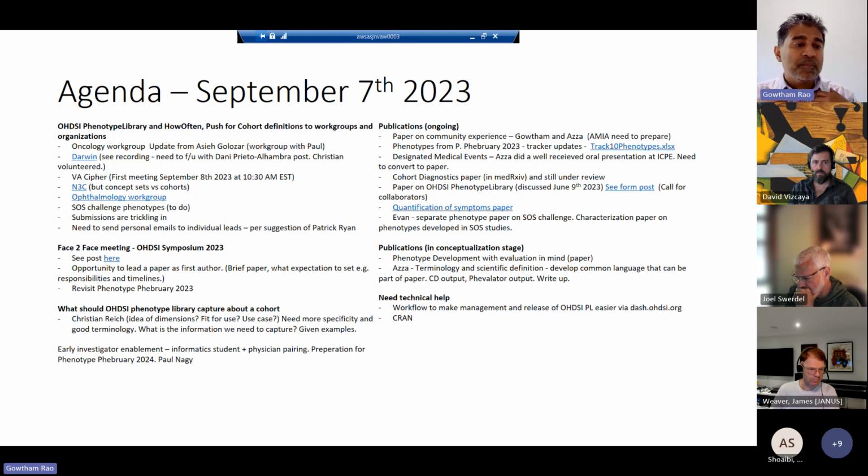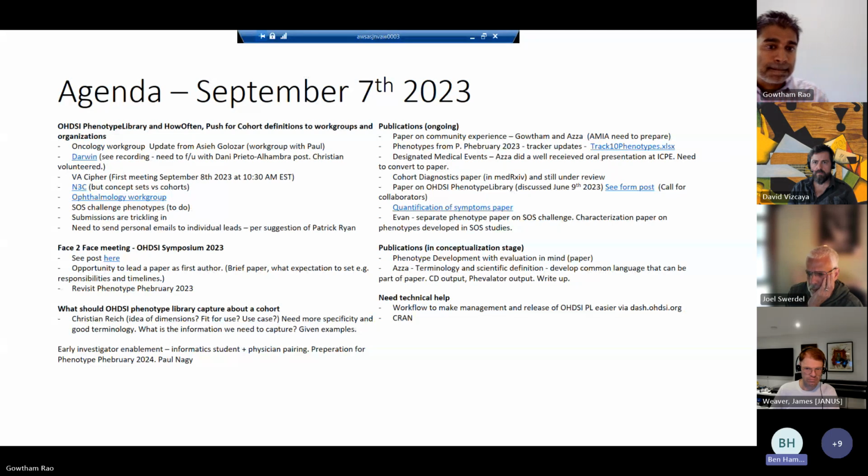Absolutely no problem. But yeah, Gowtham, my perspective is that I actually agree with both of you. I think that this group and the phenotype library should adhere strictly to that definition of the phenotype. I just didn't want to cut off innovation. I wanted to put the burden of proof on N3C folks to show that their idea meets that definition, and not try to accommodate everybody by being very flexible around the edges of our phenotype library, right?